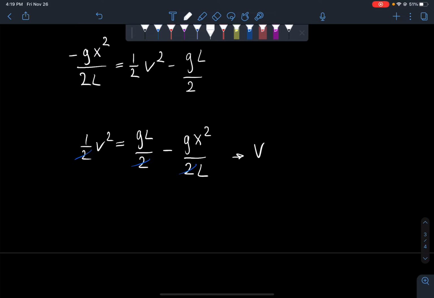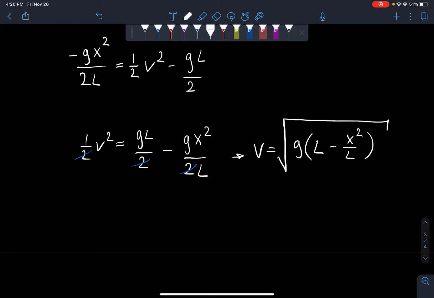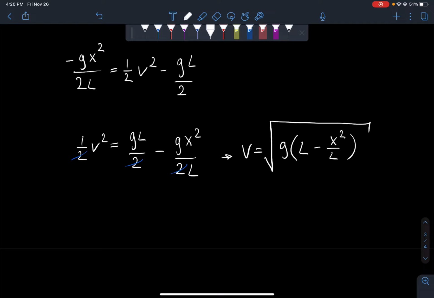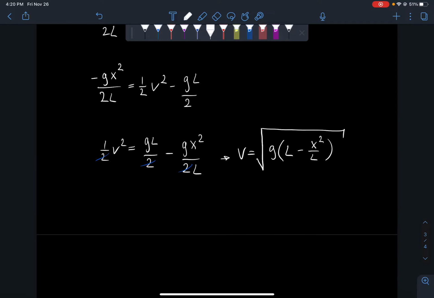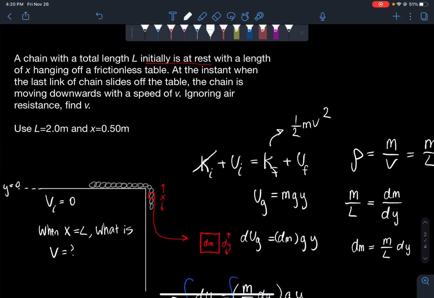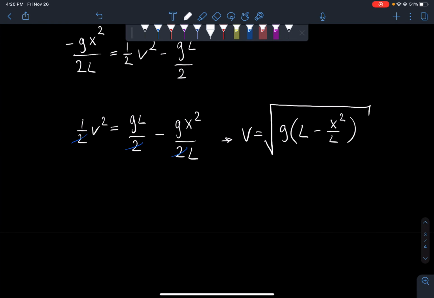So v is going to equal the square root of g times L minus x squared over L. So that is the formula for v, and it's just in terms of L and x and g. Well, we know g, and the only values that it gave us up here are L and x. So now we can solve for v.